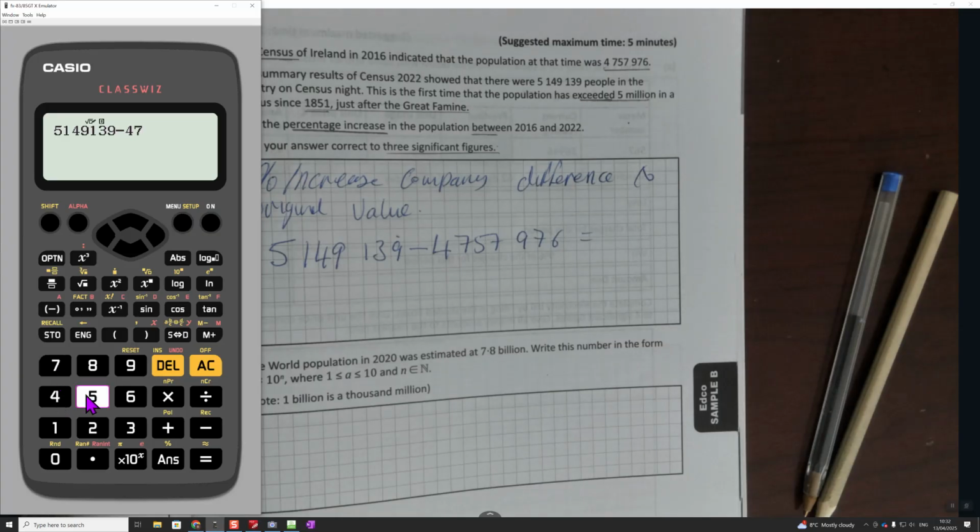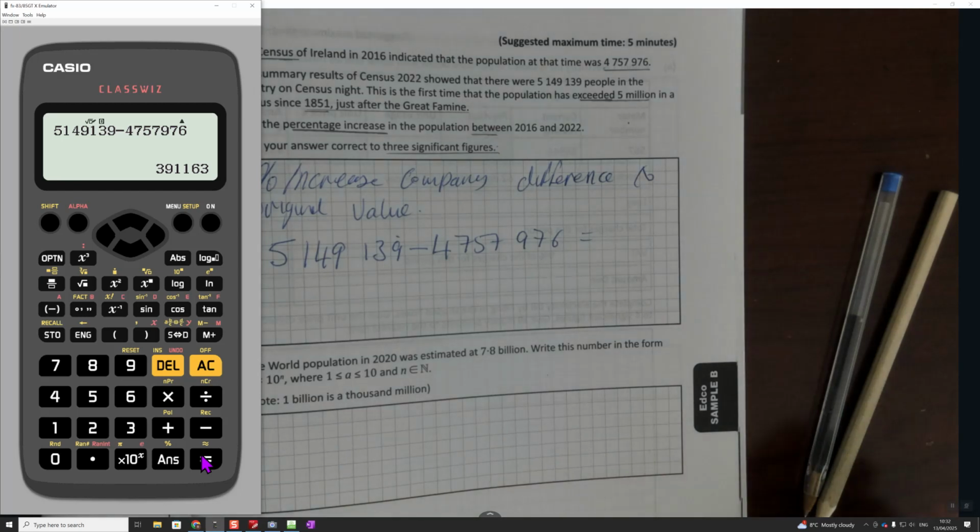Just be careful when you're putting in large numbers like this that you don't miss any of the digits. It's quite an easy thing to happen. So I suggest you put them in blocks of 3 like I have them here. Okay. So we write down that value.